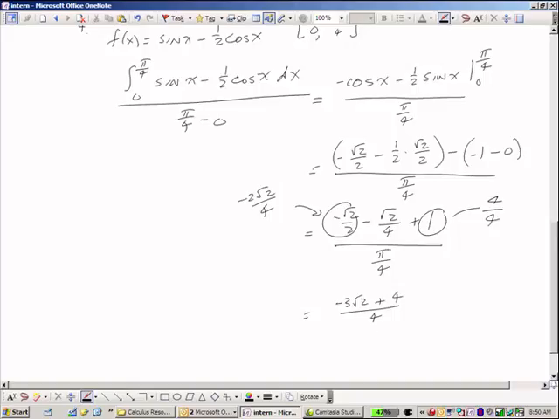And look, instead of dividing by pi over 4, I could multiply by 4 over pi, and when I do, nice things happen. The 4's cancel. It's actually all over pi over 4, but instead of dividing by pi over 4, I'm going to multiply by 4 over pi. I got a common denominator up here.